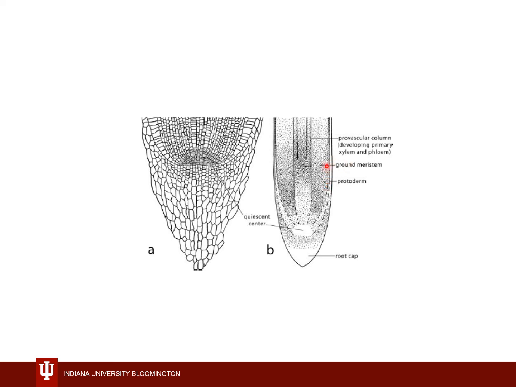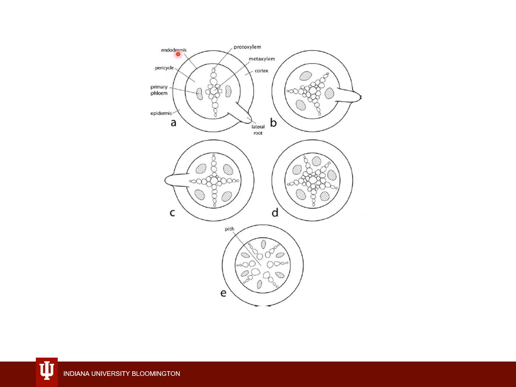You have another meristem that forms the tissue. That's where the tissue forms from. You have some cell division taking place here, and here you have xylem and phloem, and that process is similar to how it happens in the stem. If we were to look at a cross section, you have an epidermis, and there are some different things like a pericycle that differentiates from cortex, and we're not going to get into all this.